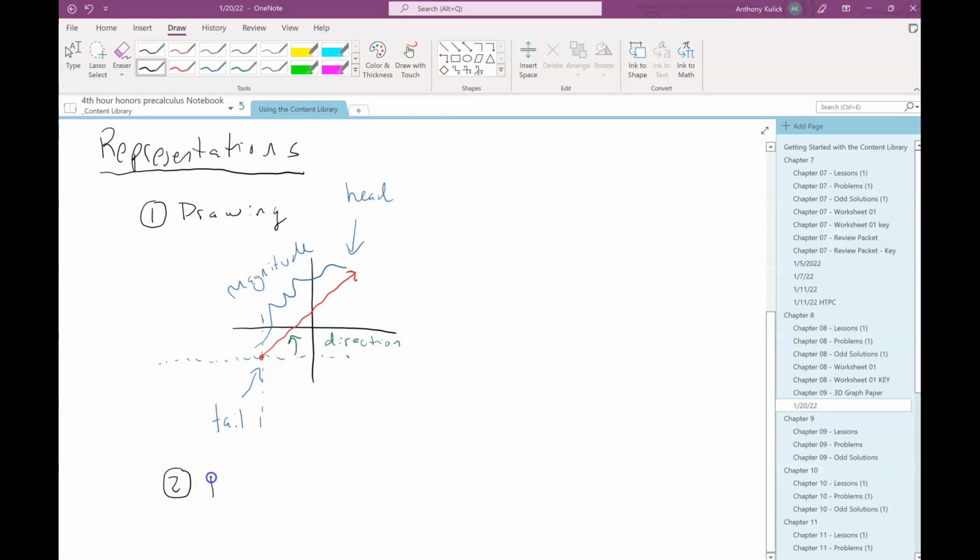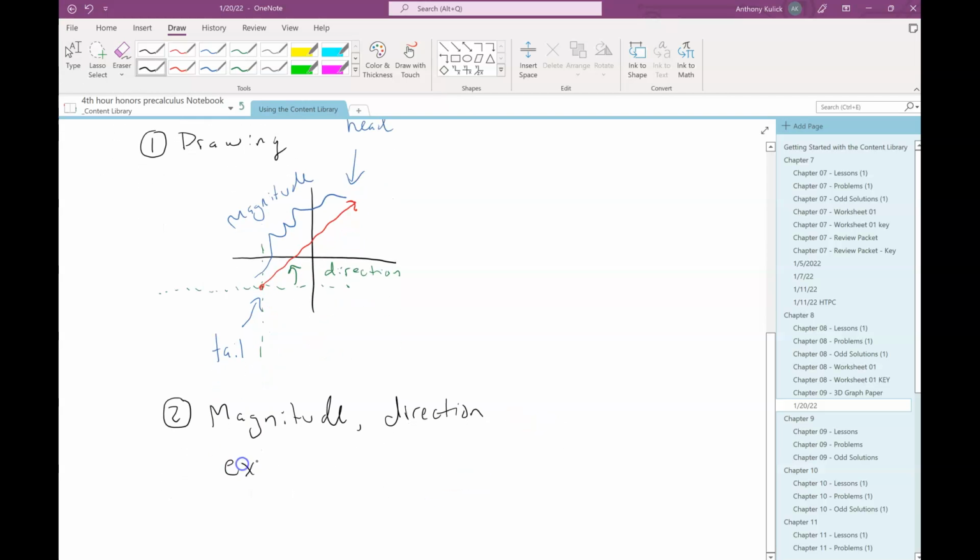Another representation would be just listing the magnitude and direction. For example, maybe we had a plane that's flying at 250 miles per hour at a bearing of 105 degrees or something.